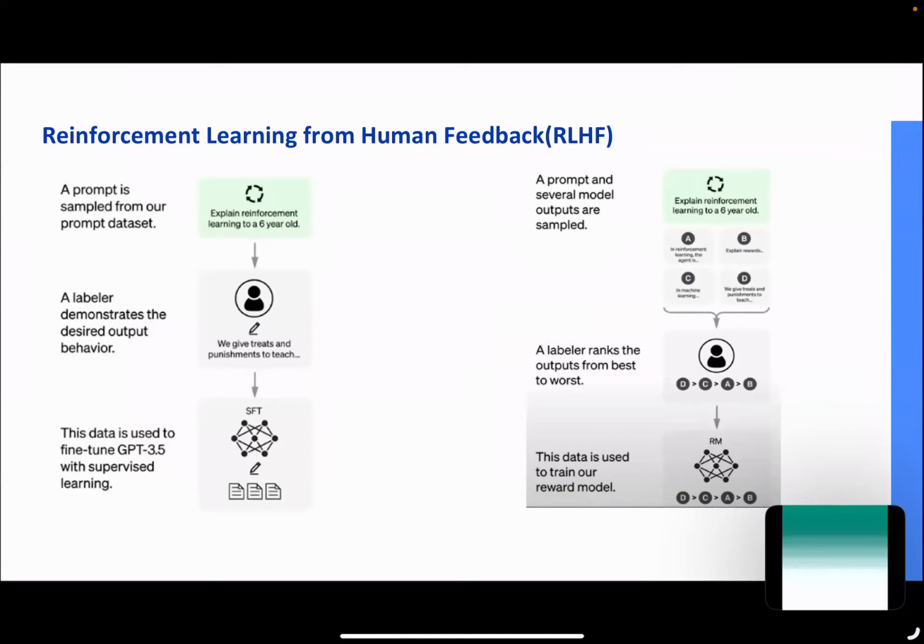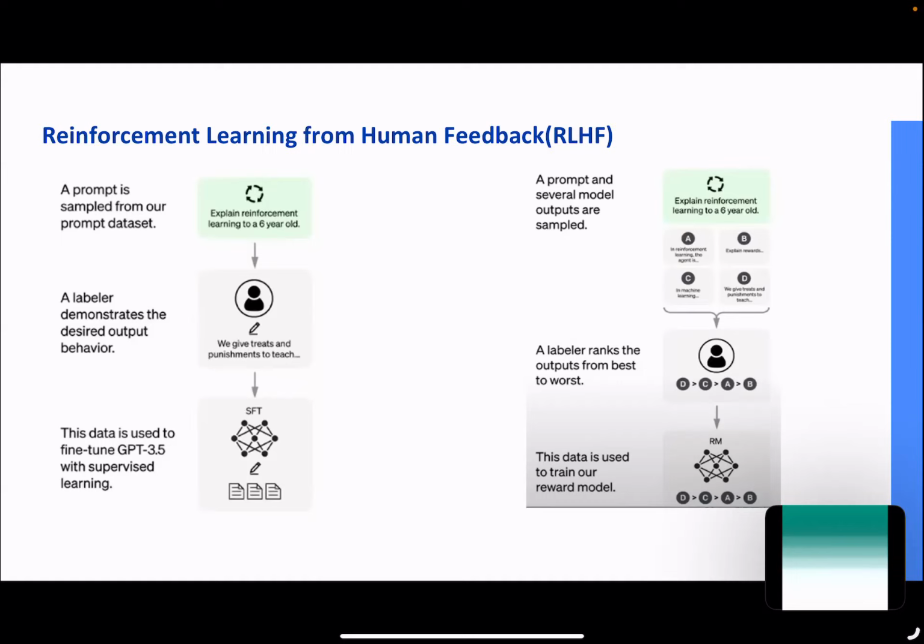Reinforcement learning from human feedback is a kind of reinforcement learning where we are not giving any supervised or unsupervised data set to the model, but the model learns from human feedback.